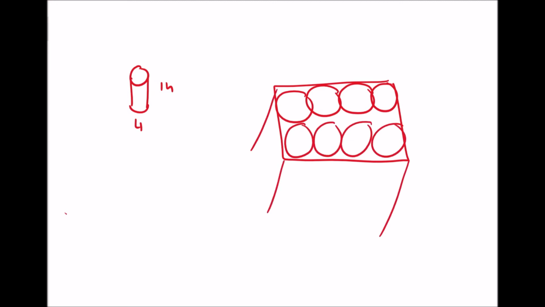And its height, this box, remember these tubes go down, and the height of the box is 14, and we know that because the height of this is 14 and they fit in perfectly. So we know the height of the box is 14. We're asked to get the volume of the box. To get the volume of the box, I need to find out the height, which I have, and the width, which I don't have, and the depth, which I don't have.